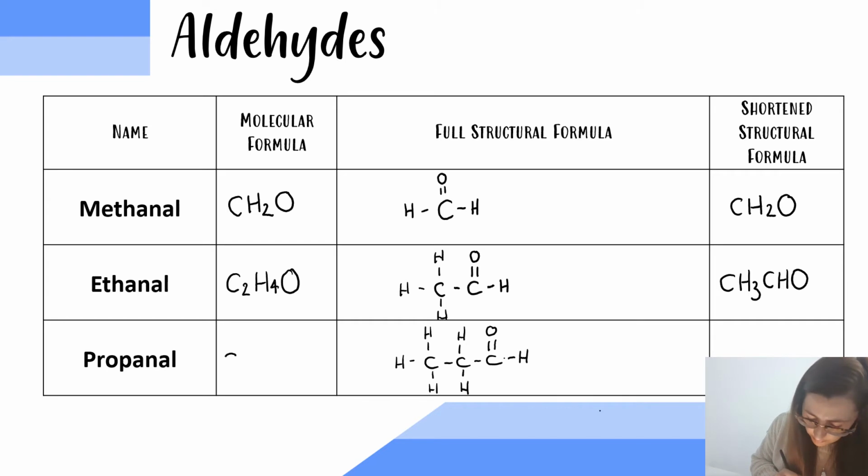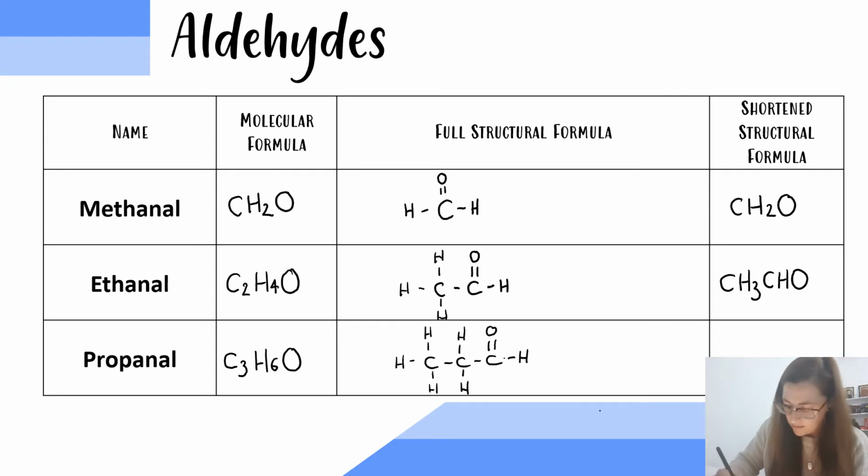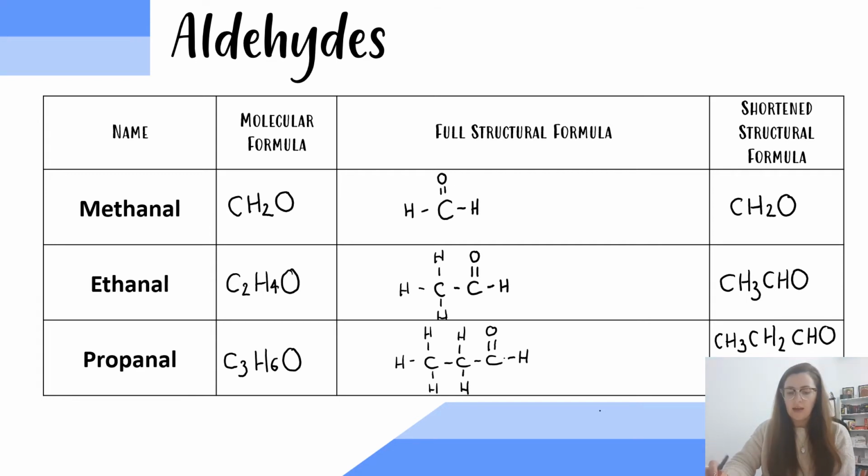Molecular formula, we've got 3 carbons, 6 hydrogens and an oxygen, and our shortened structural formula would be CH3CH2CHO. If you can look at your pupil booklets and fill in the rest of those boxes by yourself, we will check them in class.